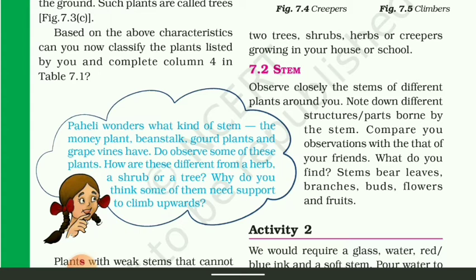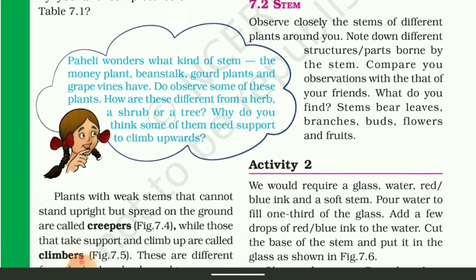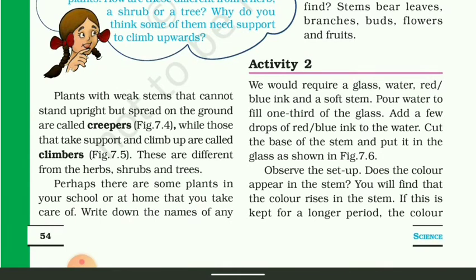Why do you think some of them need support to climb upwards? Plants with weak stems that cannot stand upright but spread on the ground are called creepers, while those that take support and climb up are called climbers. These are different from the herbs, shrubs, and trees.